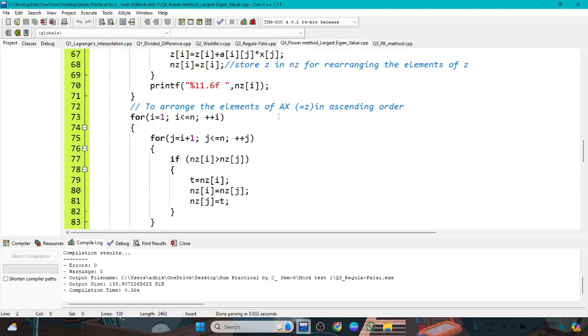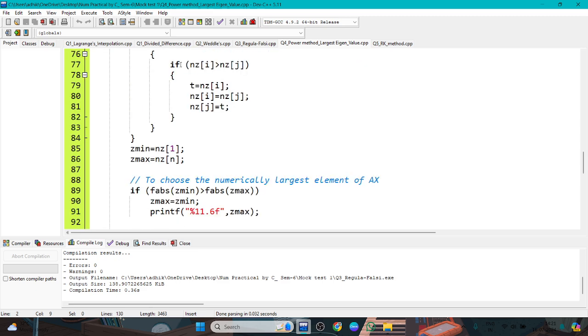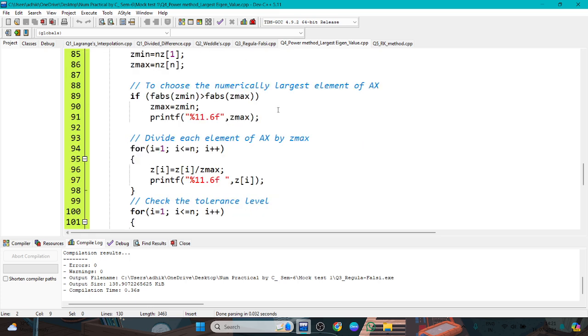To arrange the elements of Ax in ascending order, for i equal to 1 to n, for j equal to i plus 1 to n. If nzi greater than nzj, t equal to nzi, nzi equal to nzj, nzj equal to t, interchanging the variables by the bubble sort method. Z min equal to nz1 and z max equal to nzn.